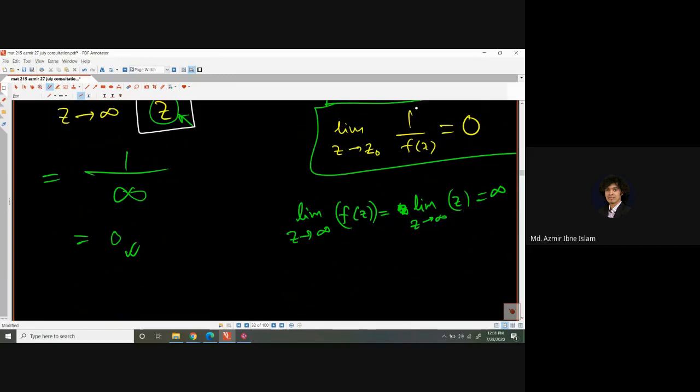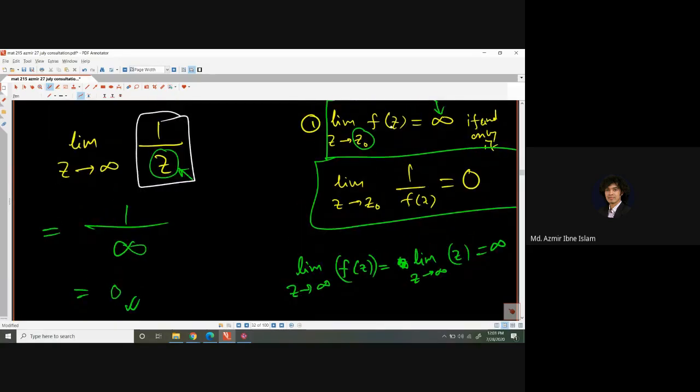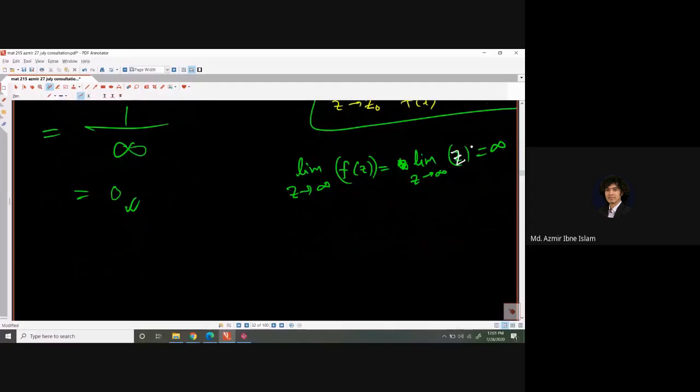So here you can see that if for some function z we are getting infinity, then the reciprocal of that, that means 1 by f of z, will be 0 at that limiting part. So here we have already considered f of z as z.